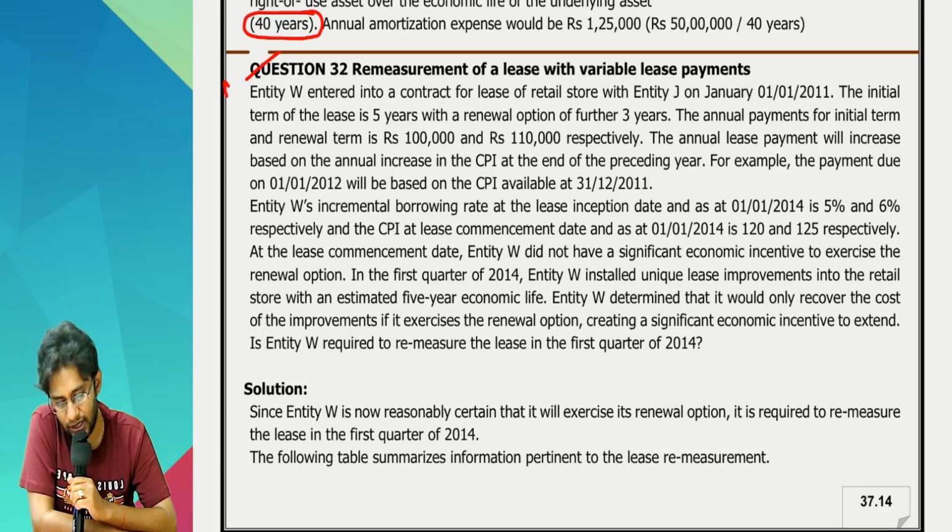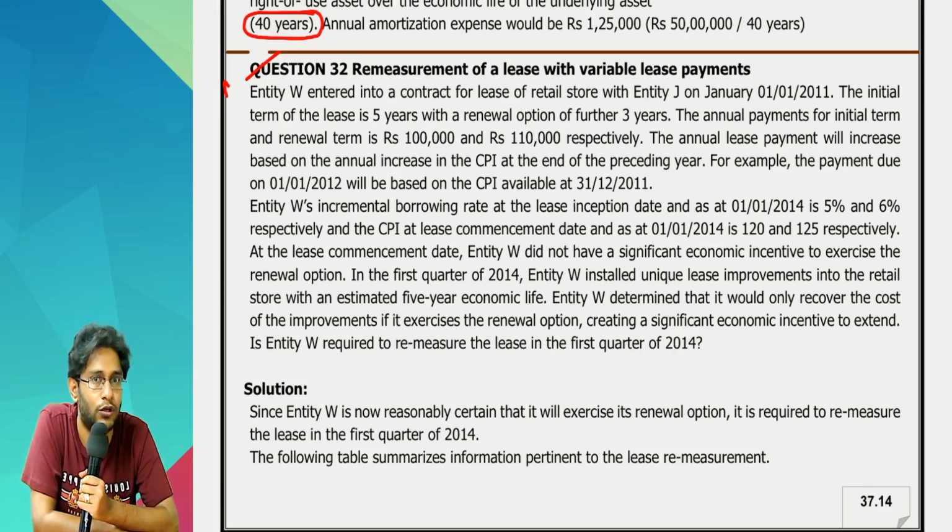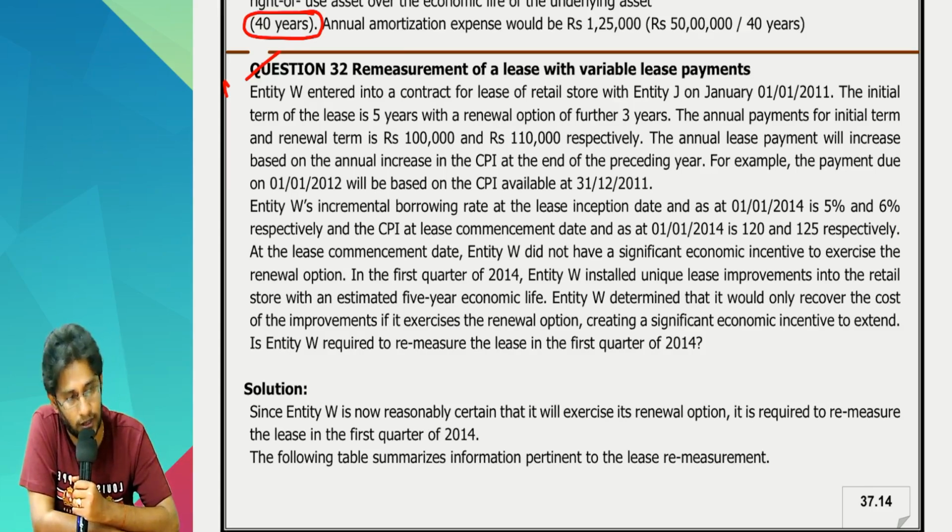At lease commencement date, entity W did not have a significant economic incentive to exercise the renewal option. What does it mean? The lease is 5 plus 3, but I feel that it is going to be only 5 and that 3 I am not going to exercise. That was the feeling originally.